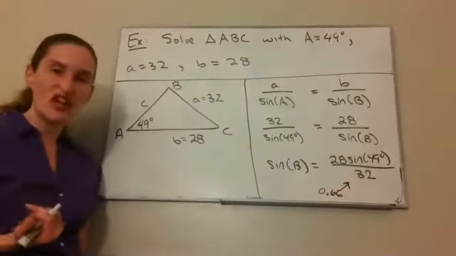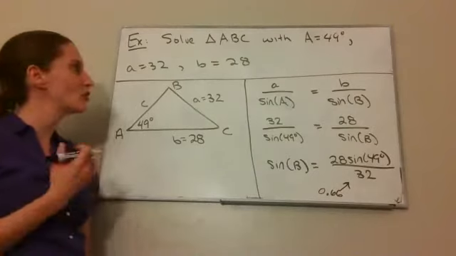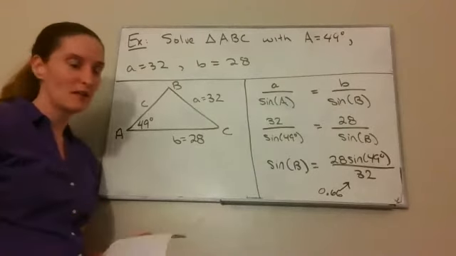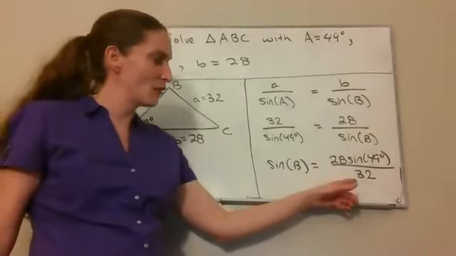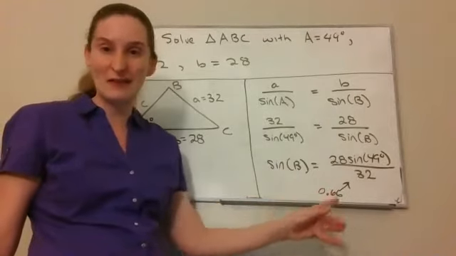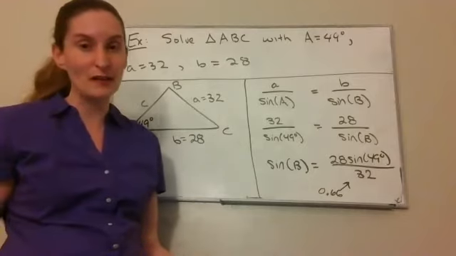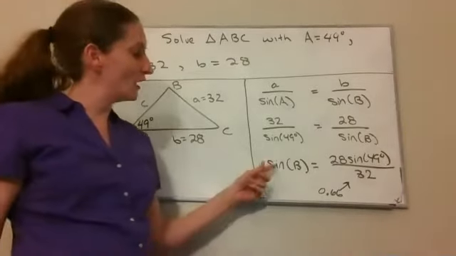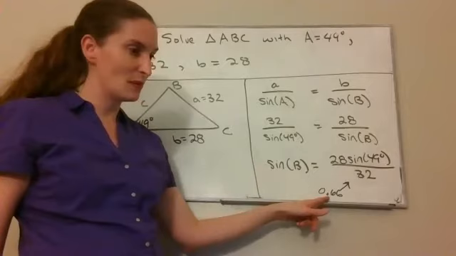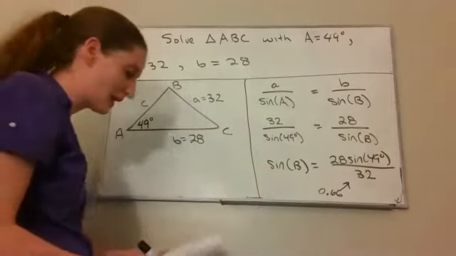It's important to check on these problems where you're given two sides and an angle. It's possible that you'll end up with something over here that doesn't make sense in the sine value. When that happens, it means that there's no triangle that satisfies these conditions. However, it is possible for sine of B to be 0.66, so we can keep going.